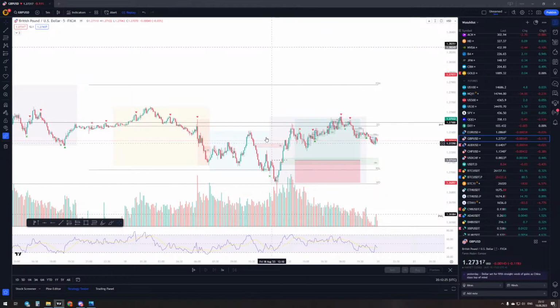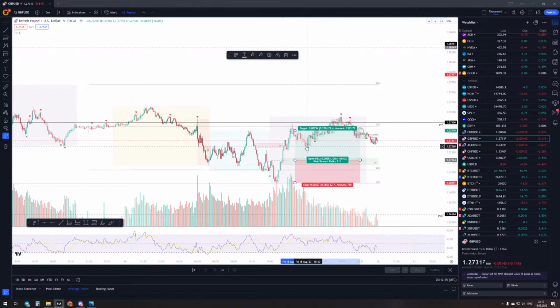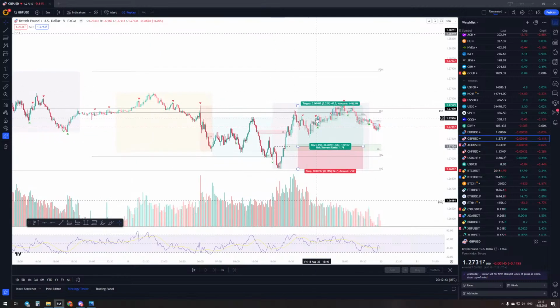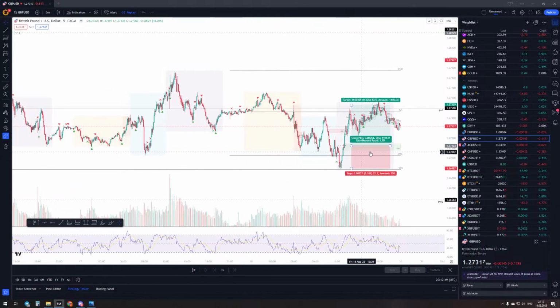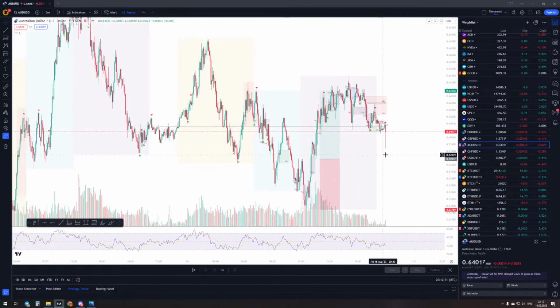But probably after we took liquidity from this high, I would have gotten out from this trade, but the risk reward was a little bit awful. But I could hold it till this high. It would have been so bad with my stop at entry. But it is what it is.